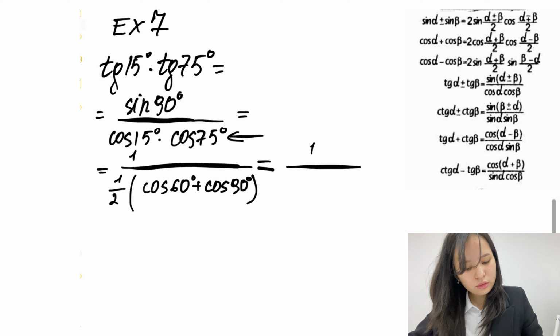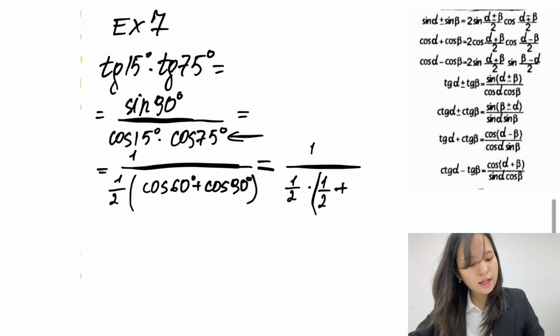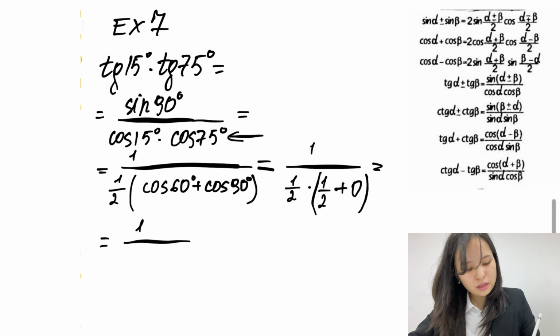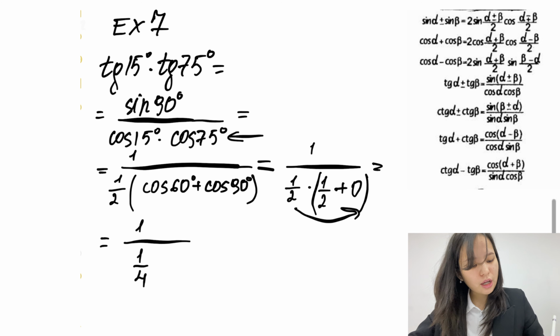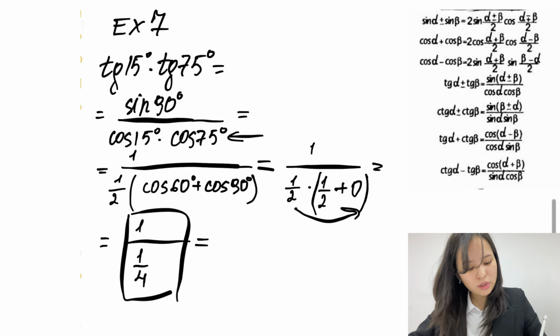It's equal to 1 divided by 1 over 2 multiplied by cosine 60 degrees, which is equal to 1 over 2, plus cosine 90 degrees, which is equal to 0. 1 divided by 1 over 2 multiplied by 1 over 2 is equal to 1 over 4. 1 over 2 multiplied by 0 is equal to 0. This will be equal to 1 divided by 1 over 4, which is equal to 4.